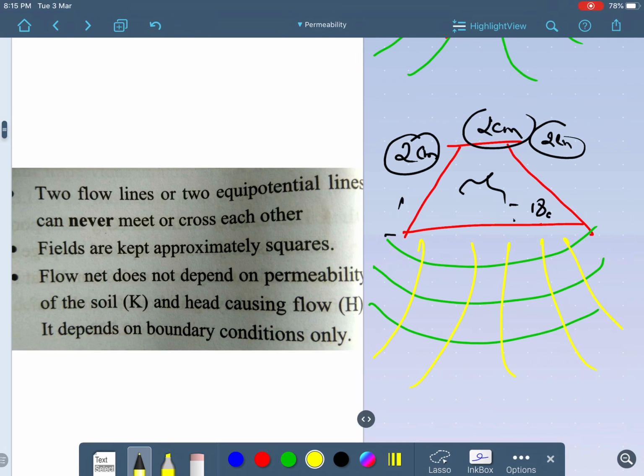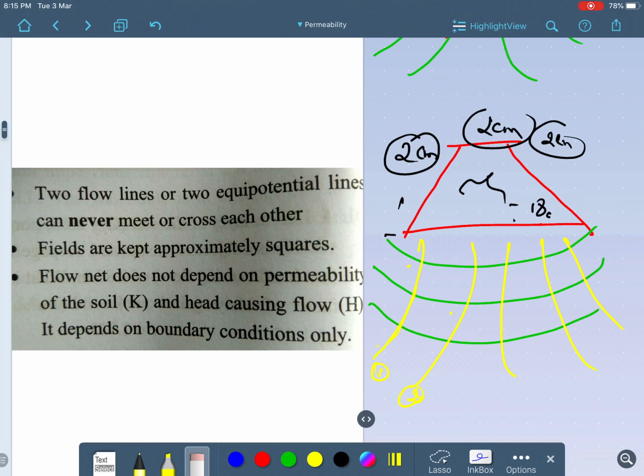See, there is a distance between these two and they will never meet. Never meet means this first one and second one will never meet. Never cross each other means it will not cross like this. It is wrong. It will be like this.